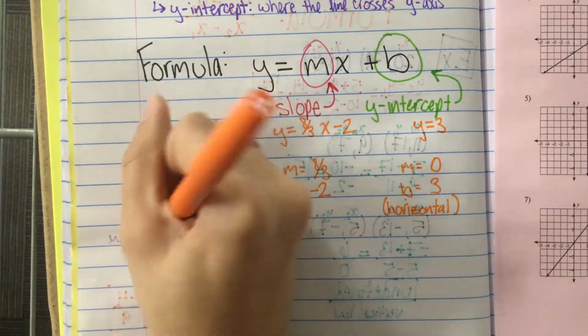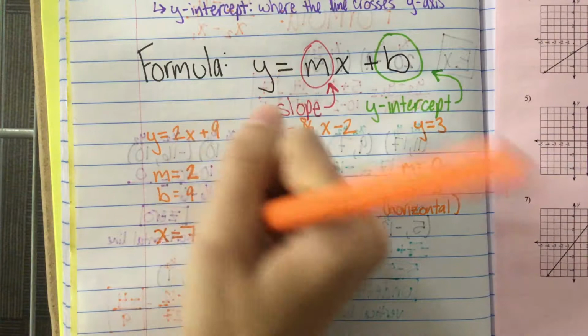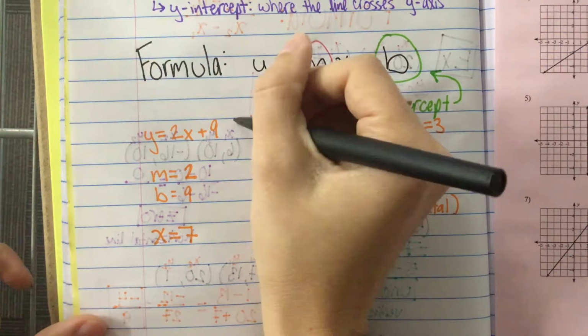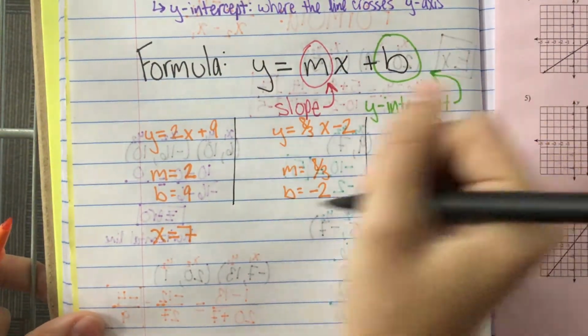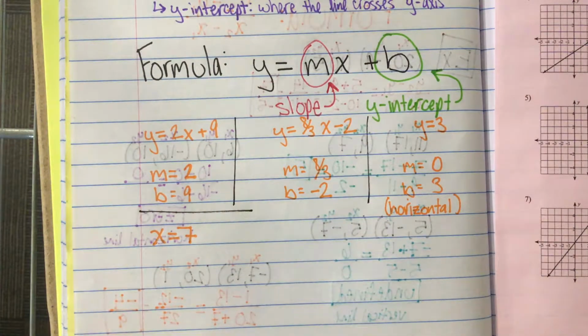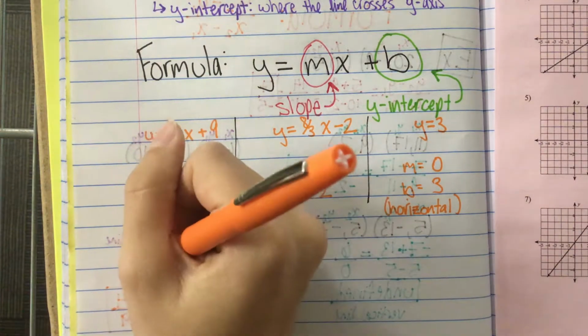What about x equals 7? So, x equals 7. What type of line do we think this is? Vertical. A vertical line. It has an undefined slope.